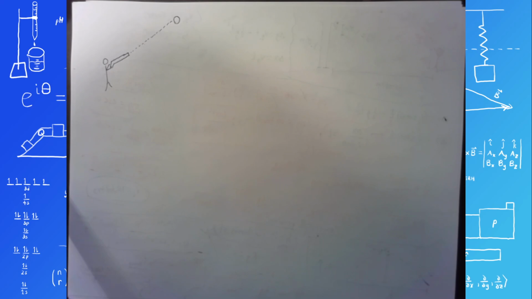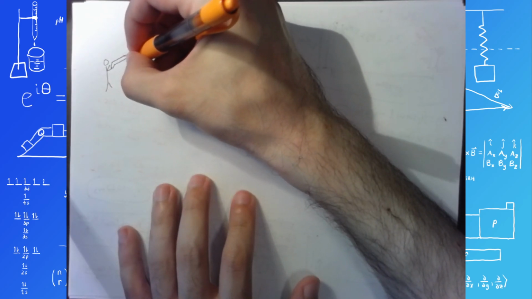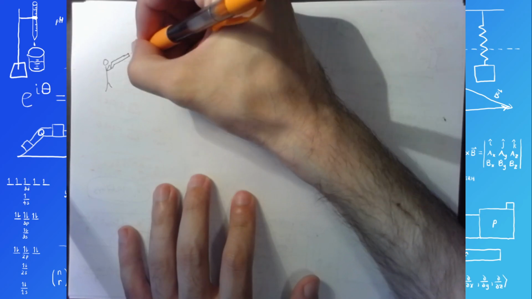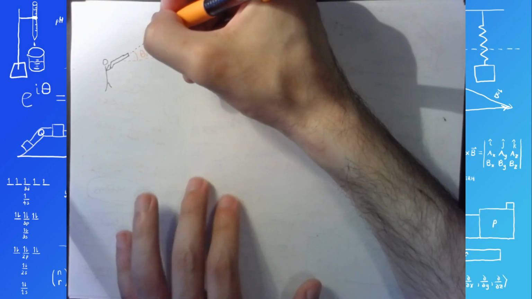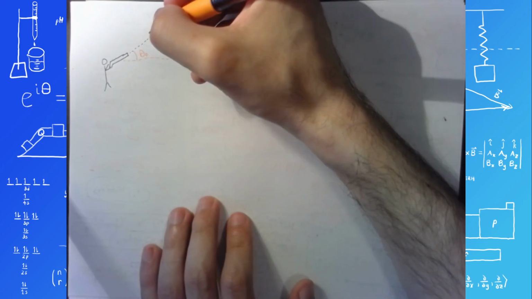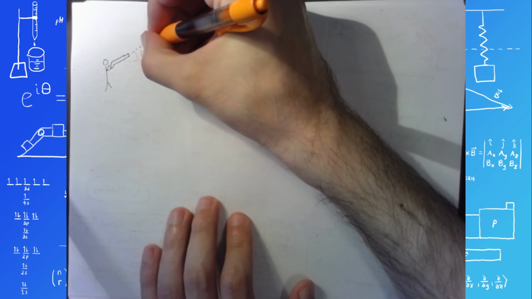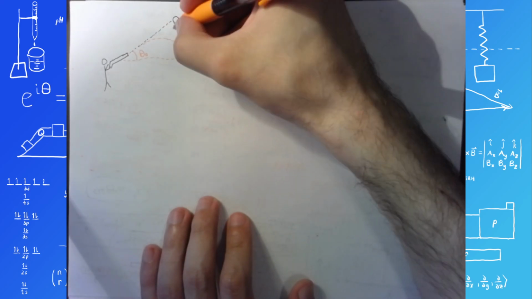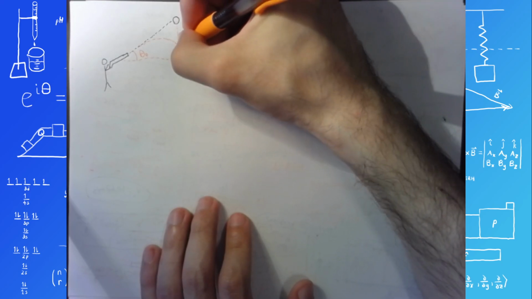So in addition to what they've already drawn, they've also drawn this angle, they called it theta 0. And they've also drawn the trajectory of a projectile like this, and the ball going down like this.